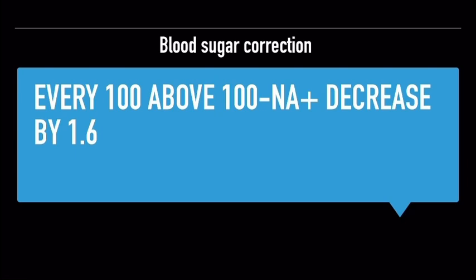So 4 times 1.6 is equal to 6.4. The actual sodium value is the patient's sodium value plus 6.4. If the measured value is 126, the actual value is 132.4. This is the correction formula for sugar in case of hyponatremia.